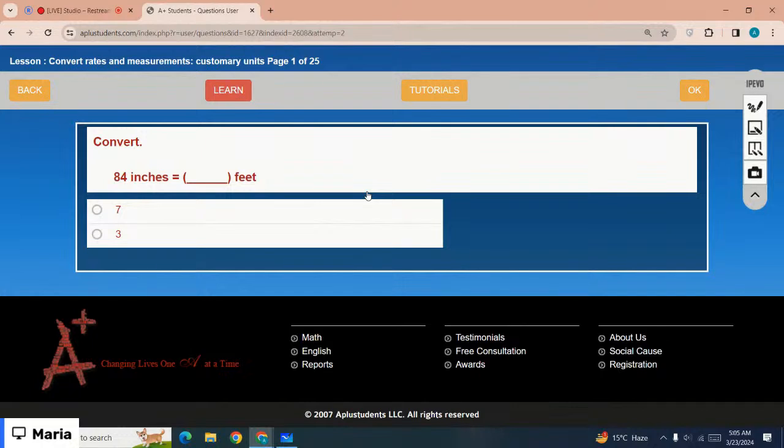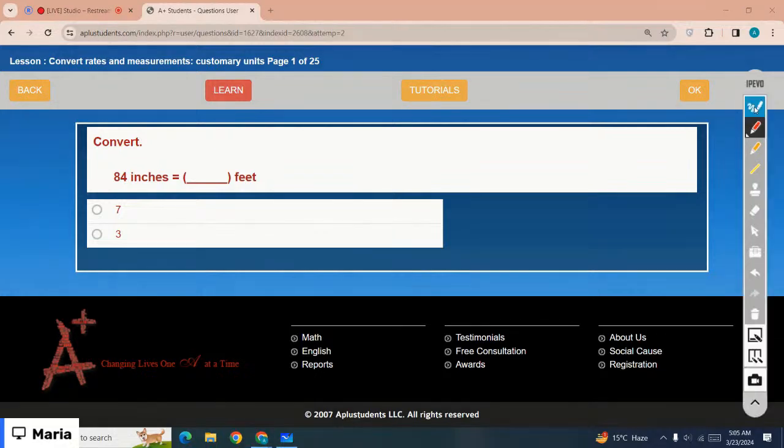You have to convert from inches to feet, right? So 1 foot equals 12 inches. You have to use the basic conversion unit, that is 1 foot equals 12 inches, right?